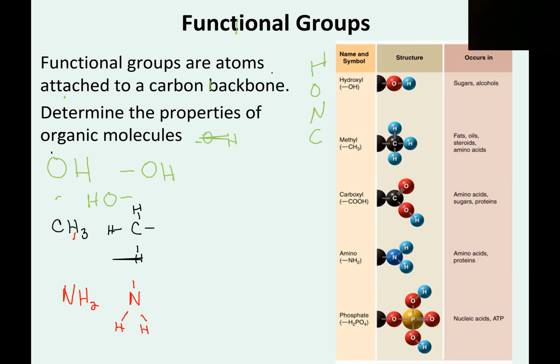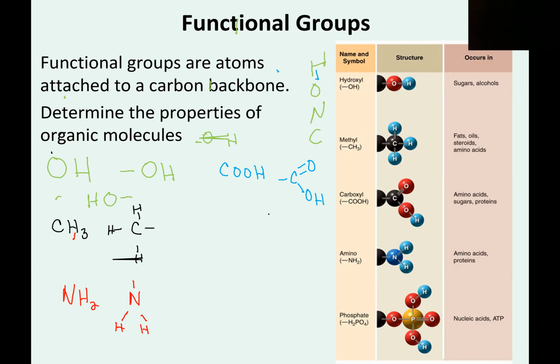Then you have carboxyl, which is COOH. It tells you there's a hydroxyl group. So carbon is going to be double bonded to the first oxygen, and then there's going to be an OH group. And yes, it could be linear.